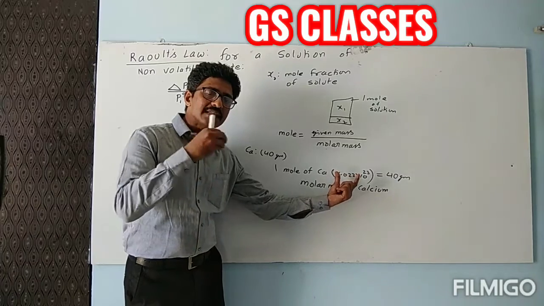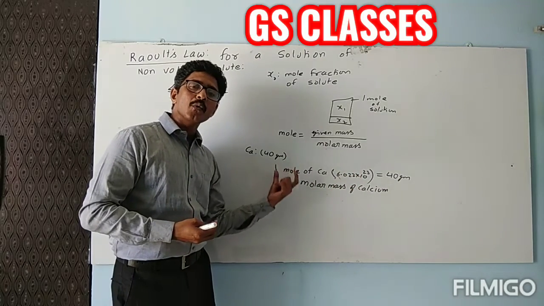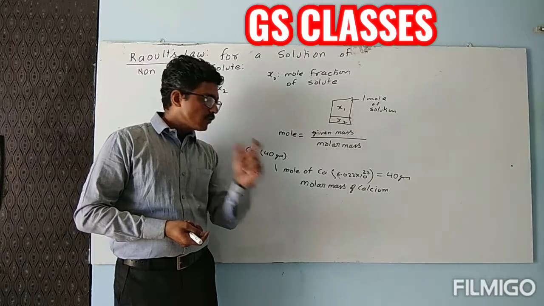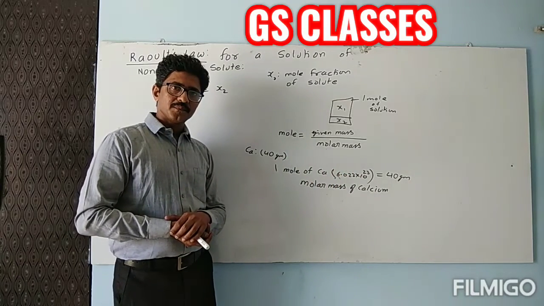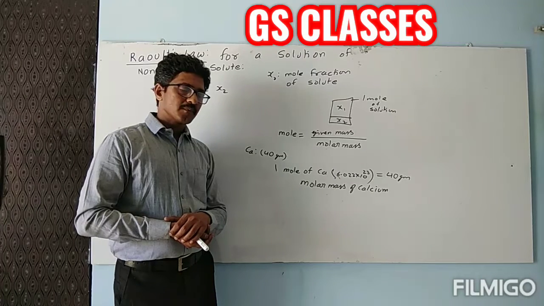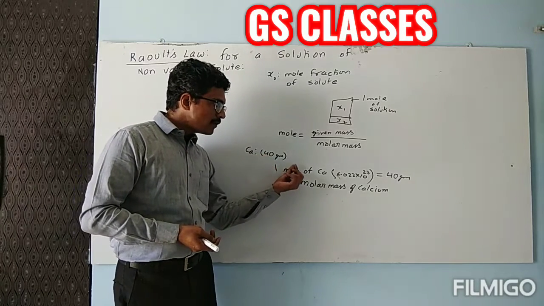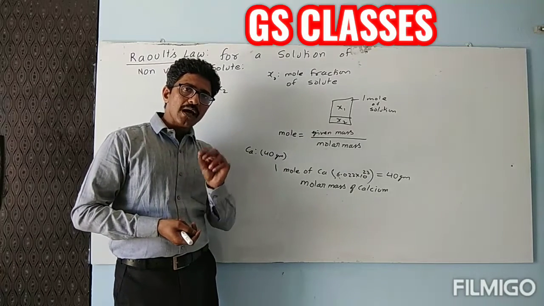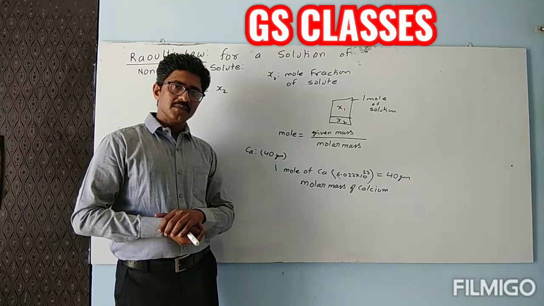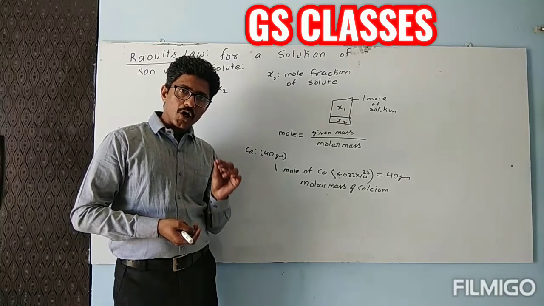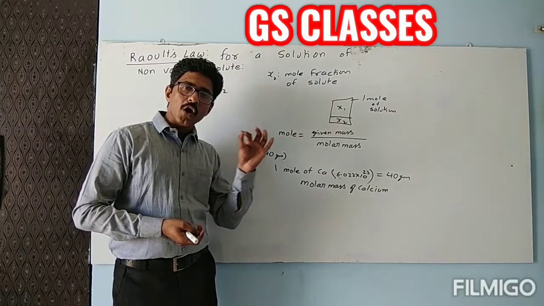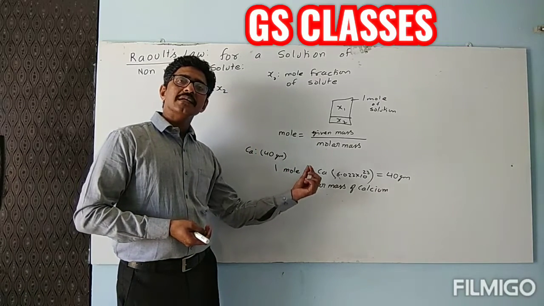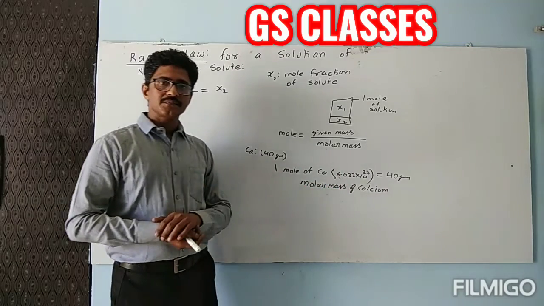And these many calcium atoms means 1 mole of atoms. Mole is a specific word for this number. Mass of 1 mole of substance is known as its molar mass. Again, mass of 1 mole of substance is known as its molar mass.